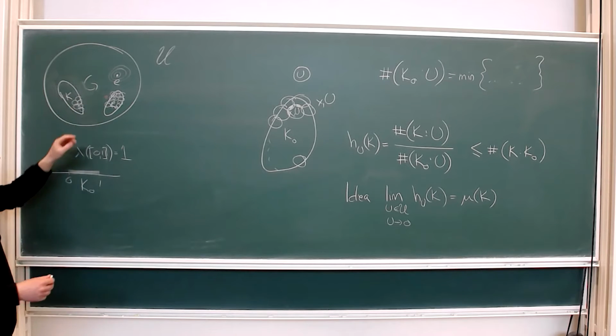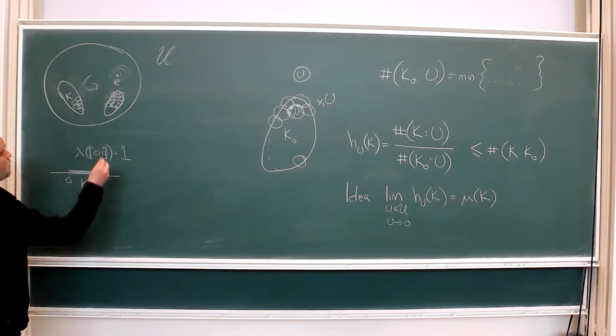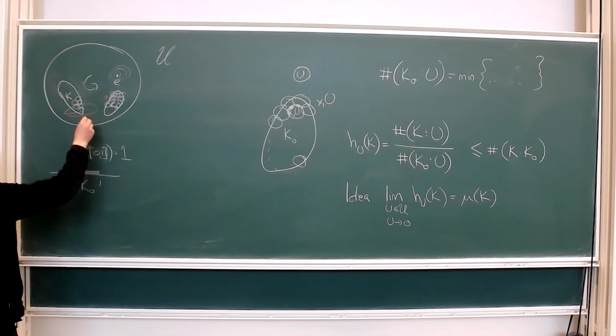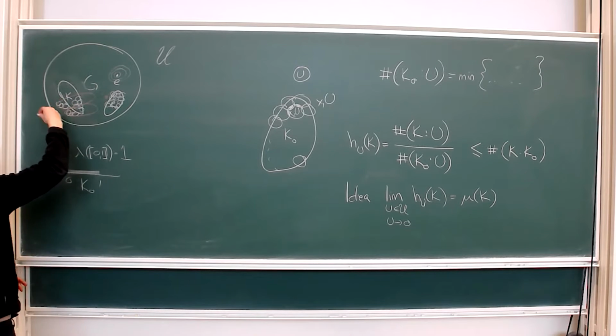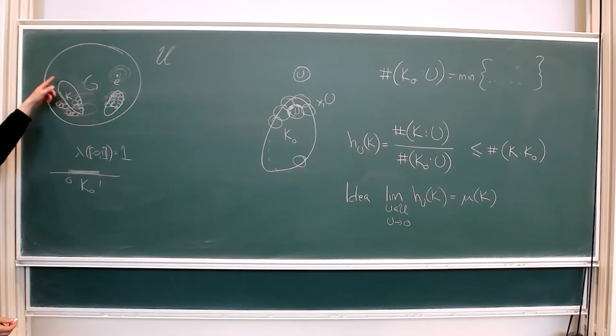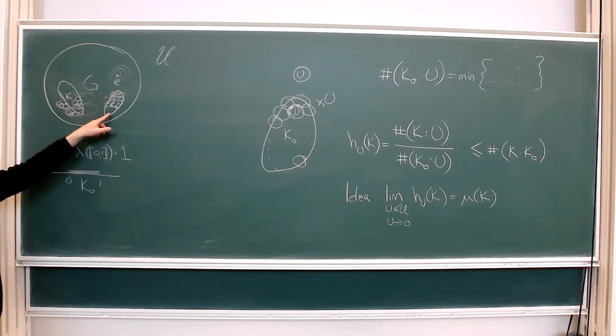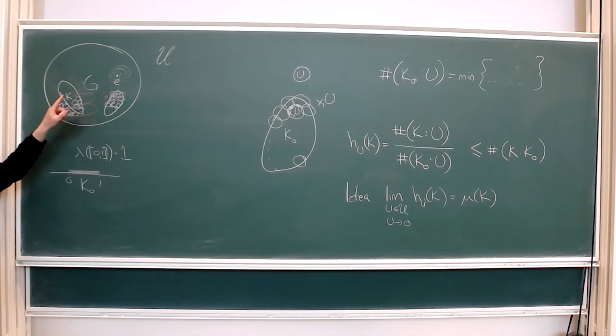I put all the balls: here's the first copy of K0, and it comes along with a lot of balls. And then comes the second copy of K0, and it comes along with a lot of balls. So now I have 4 copies of K0 and 15,000 balls each. I get 15,000, 30,000, 45,000, 60,000 balls, and that's a covering of my K.